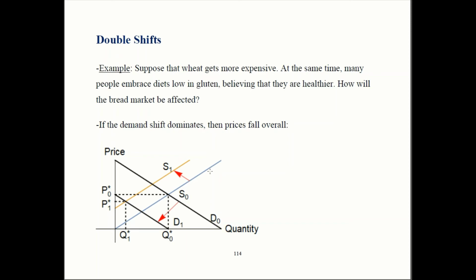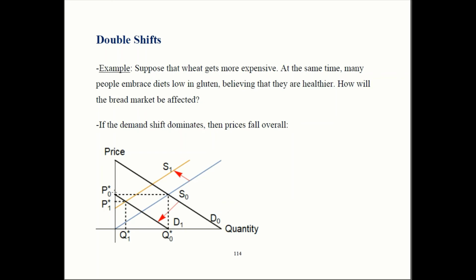D0 and S0 meet at this point, so that's the old equilibrium. This is the old price P0 and the old quantity Q0. Now the new equilibrium is where the new supply curve, out here in gold, intersects with new demand.